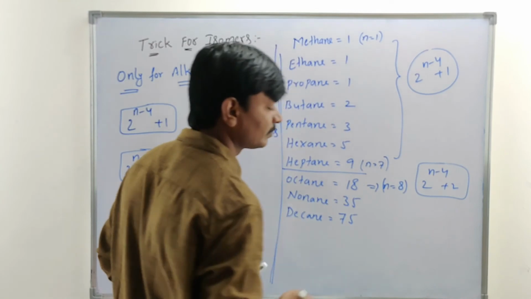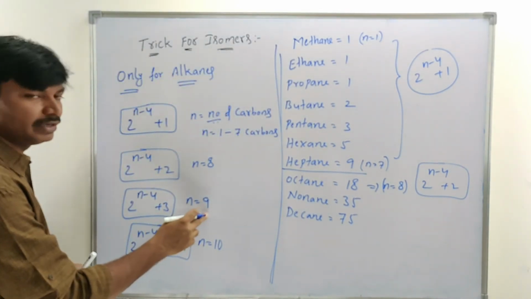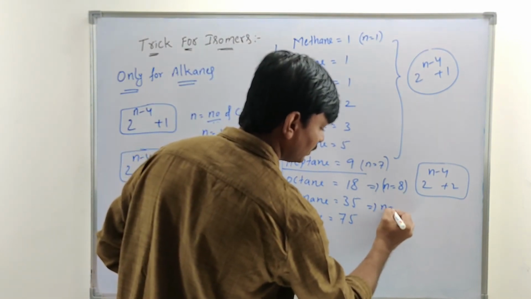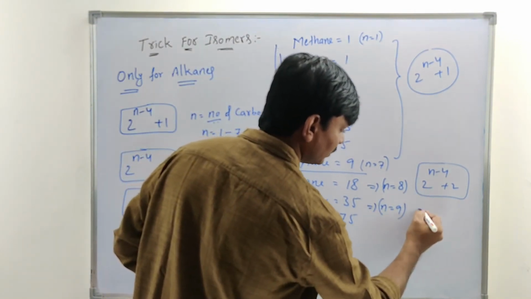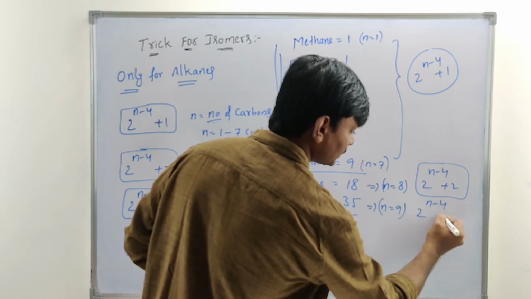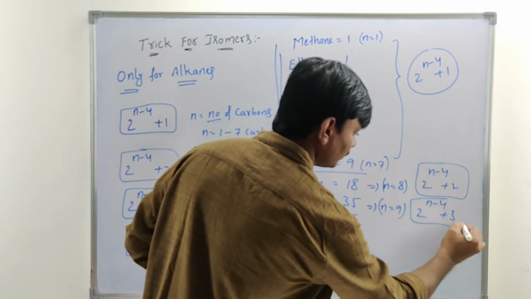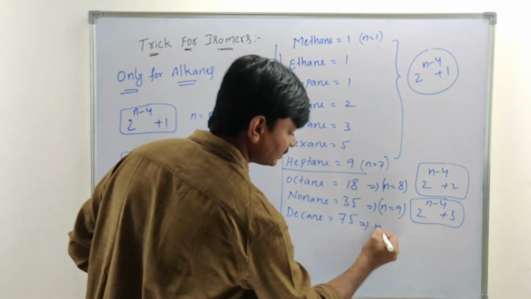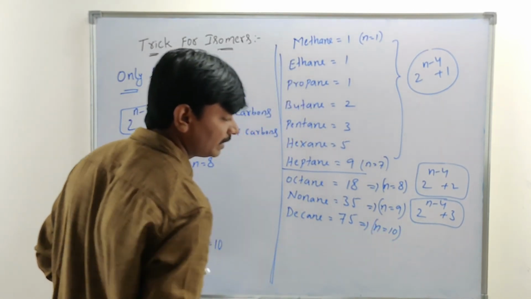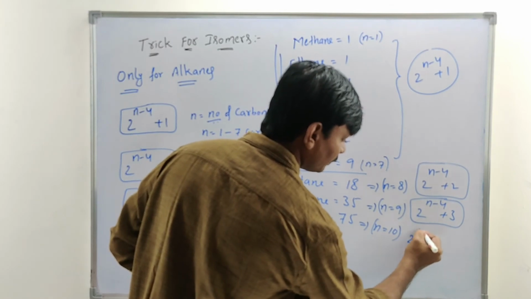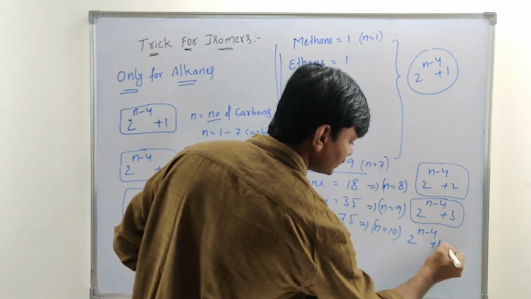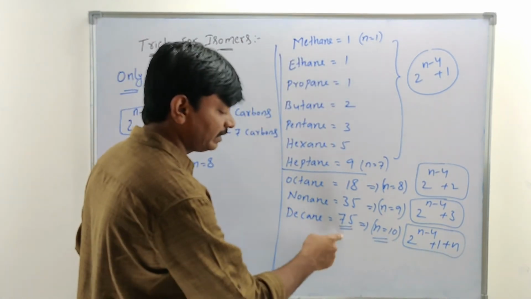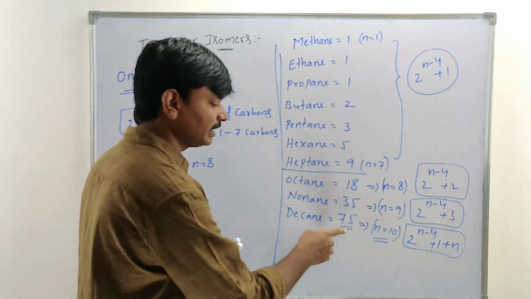Okay, clear? Nonane, that is n equal to 9: number of isomers equals 2 power of n minus 4 plus 3. Decane means n equal to 10: 2 power of n minus 4 plus 1 plus n. Decane has 75 isomers.